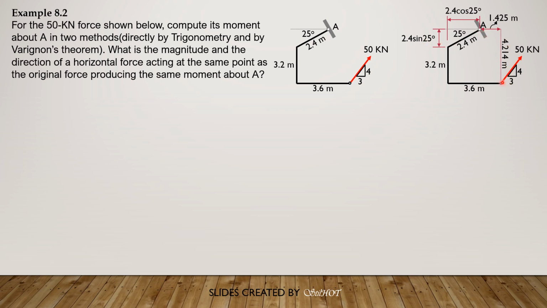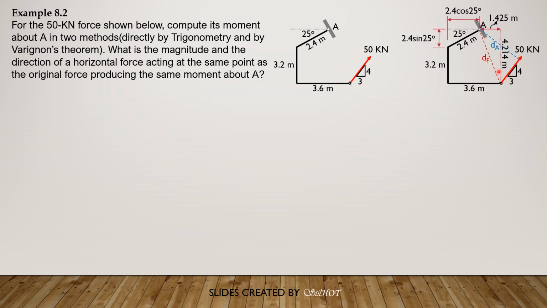So the distance from A to this point, distance d sub F, is equal to the square root of 1.425 squared plus 4.214 squared. And the perpendicular distance of the 50 kilonewton force from A is d sub A, which is equal to d sub F times the sine of this angle, because d sub A is opposite to this angle here.